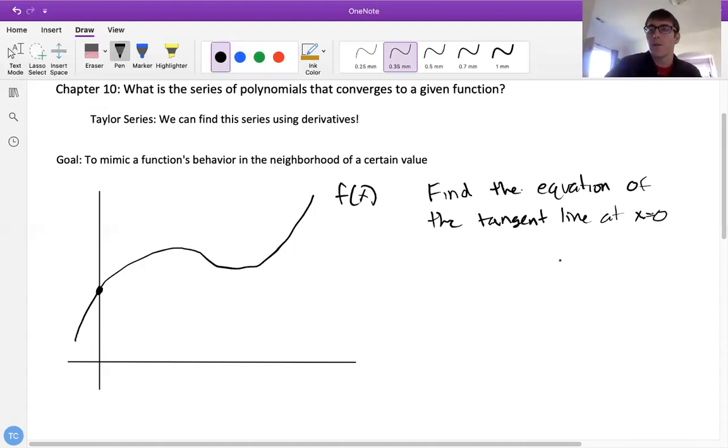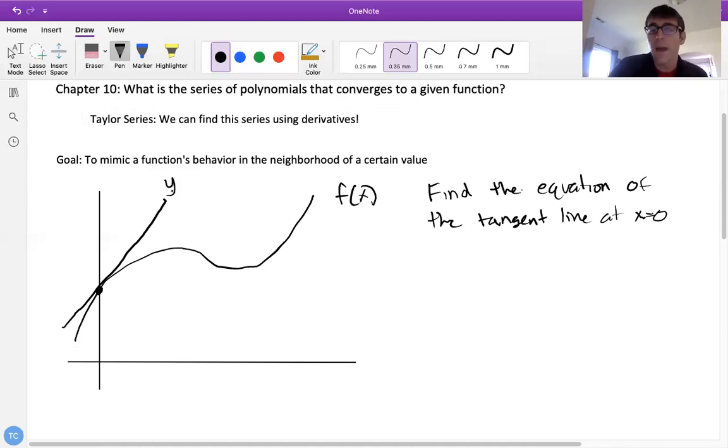The answer really comes from using the derivative. So the thing that we're looking for is the line that goes through the point and matches the slope of our function. So we want the equation of this line.